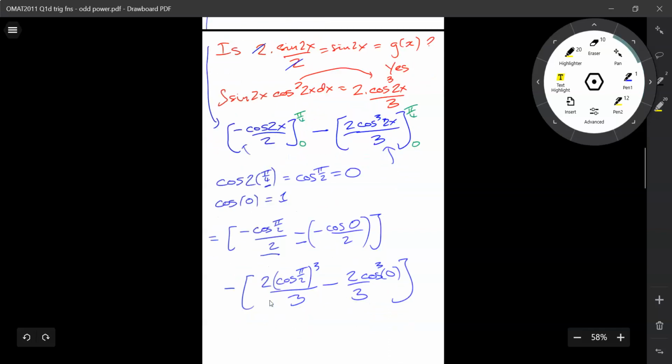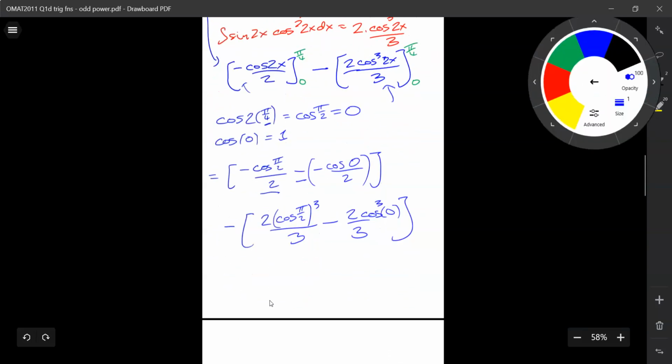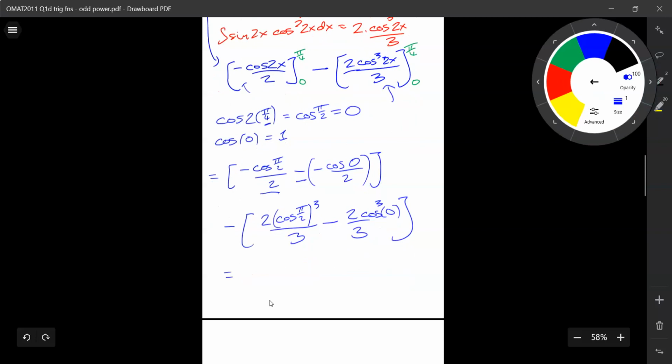So there's a lot in this, but if you look at this, this one goes to 0 because we said the cosine of pi over 2 is 0. This one goes to minus a half. The cosine of 0 is 1, so it's minus 1 over 2. So here we have minus times minus 1 over 2.